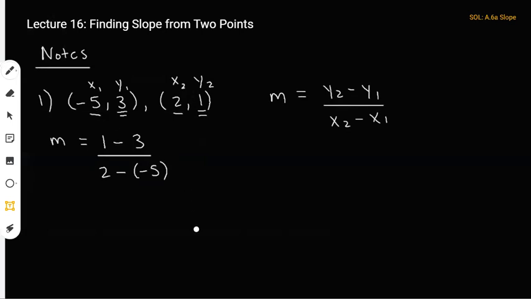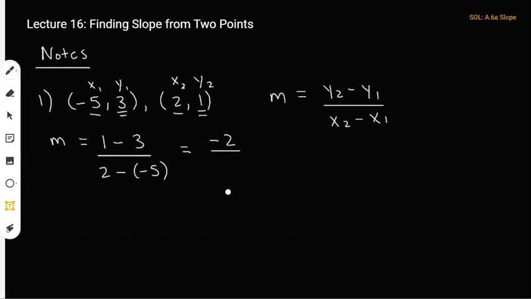So we have 1 minus 3 on top. That's going to be -2. The bottom of the fraction is going to have 2 minus a -5. We have 2 negatives, so we actually have a double negative. That's going to mean a positive.